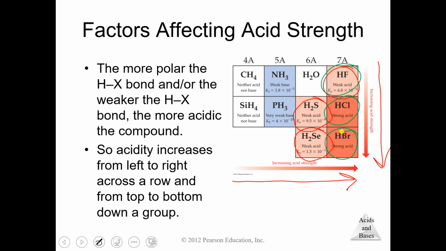The electrons are much further out from the nucleus, so they cannot be held as closely together as they are in hydrofluoric acid. So therefore, the HBr will break up pretty easily into its ions, its hydrogen and bromine ions. And what that means is the bond between hydrogen and bromine is pretty weak, so all of the hydrogens can break apart from the bromines and form, completely ionized in solution.